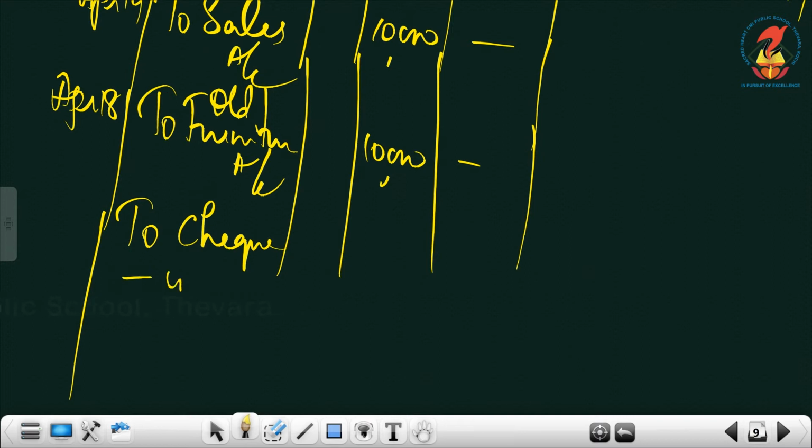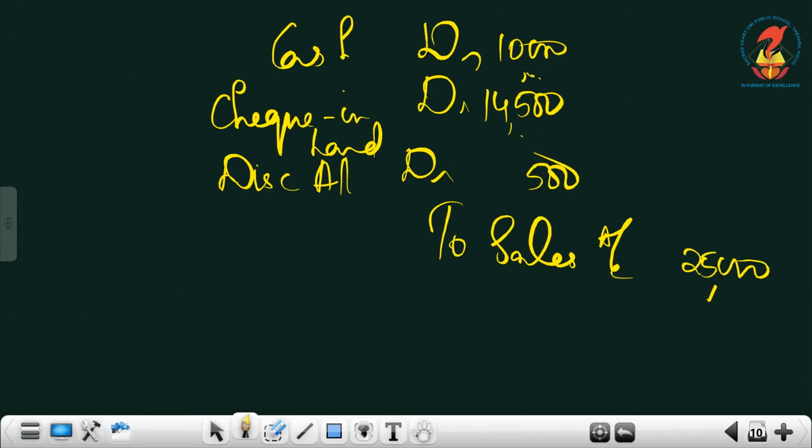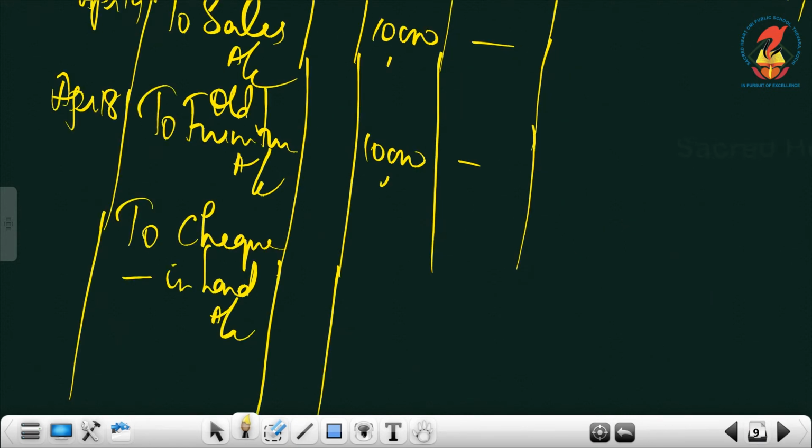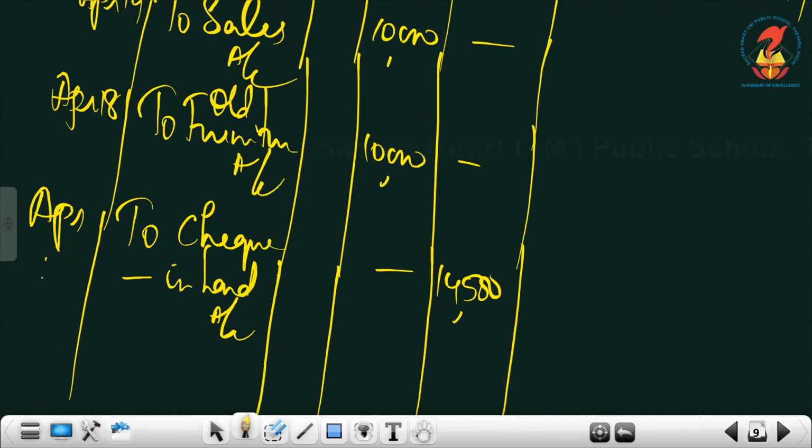So you write check in hand account and bank is getting debited. The amount of Neeraj's check, just see the amount that we wrote before, 14,500. The same thing we have to write in the bank column now. This is on April 20th.